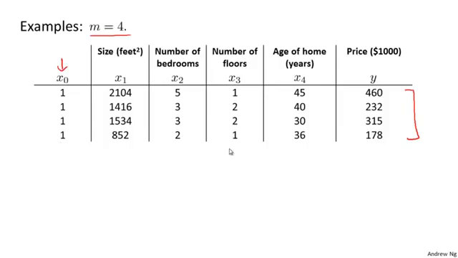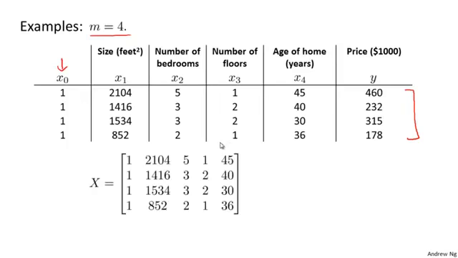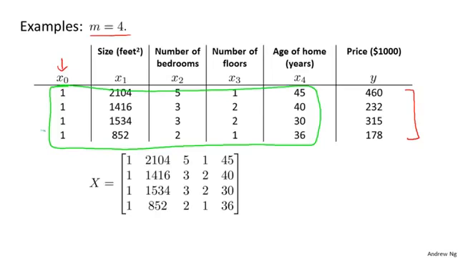I'm then going to construct a matrix called capital X. That's a matrix that basically contains all of the features for my training data. So concretely, here are all my features. I'm going to take all those numbers and put them into this matrix X. Okay, so just copy the data over one column at a time.